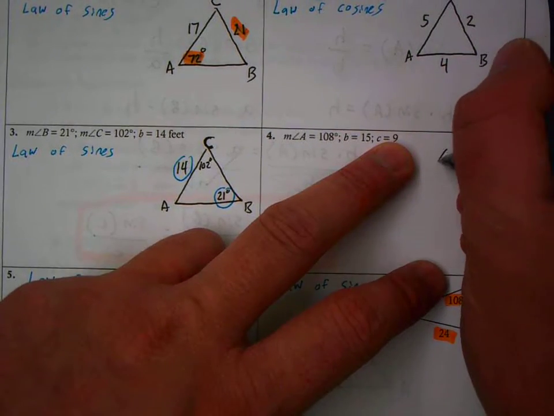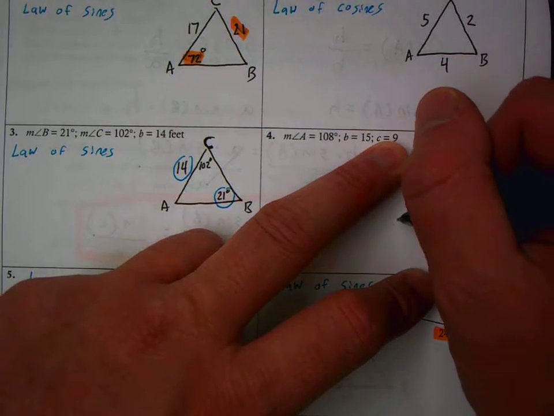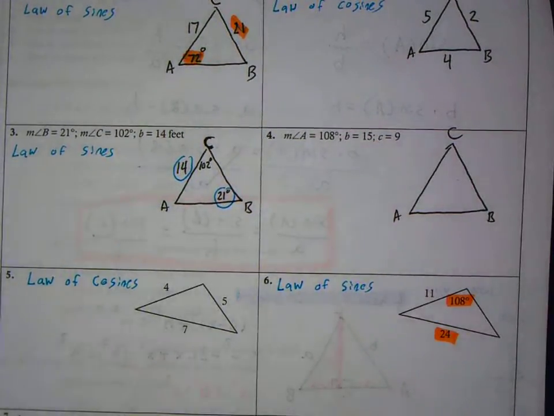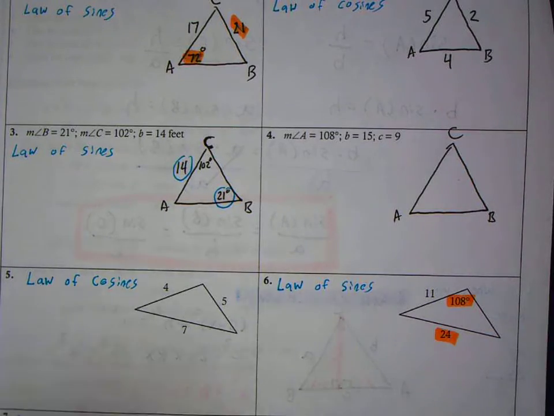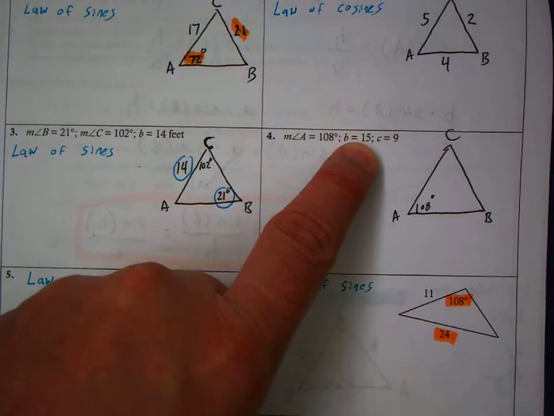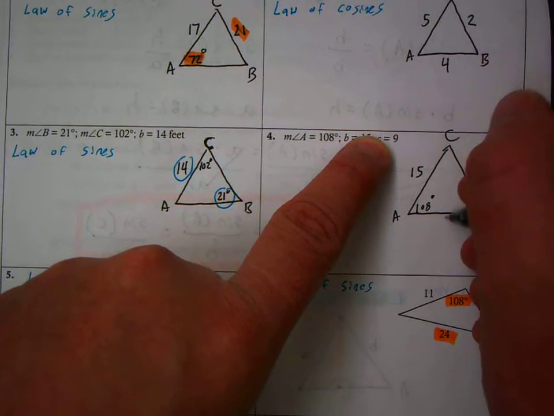Next, A, B, C. Measure of angle A is 108. Little b is 15. And then little c is 9.